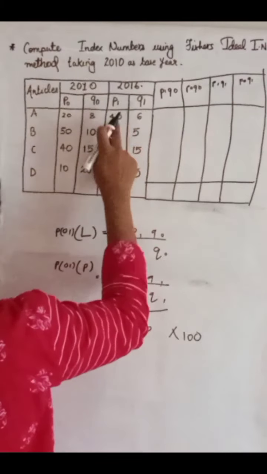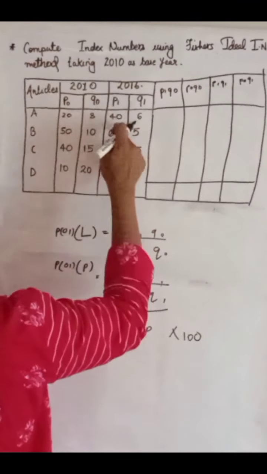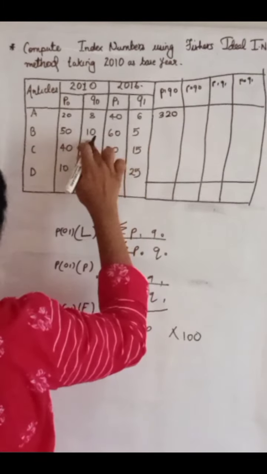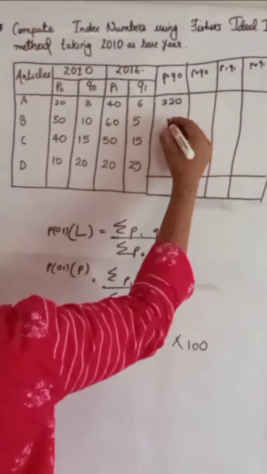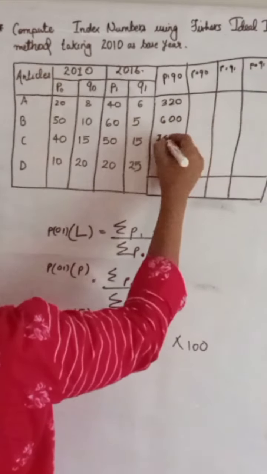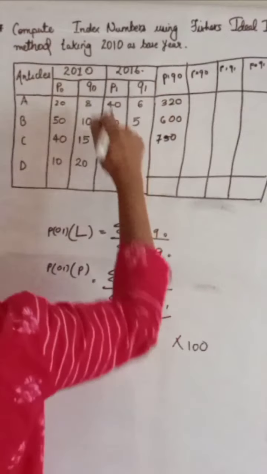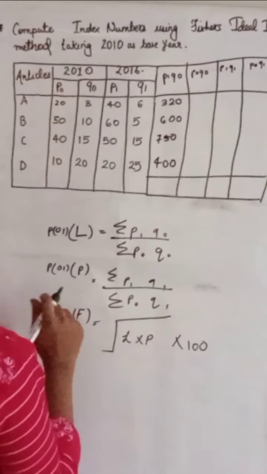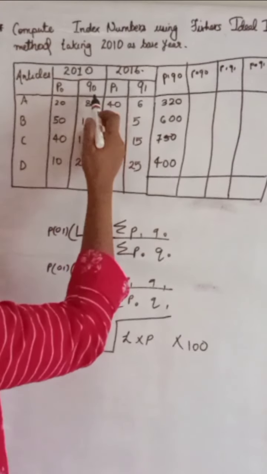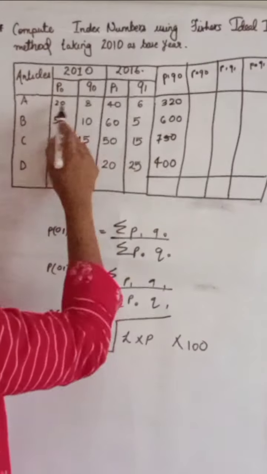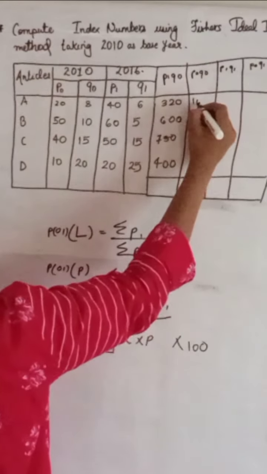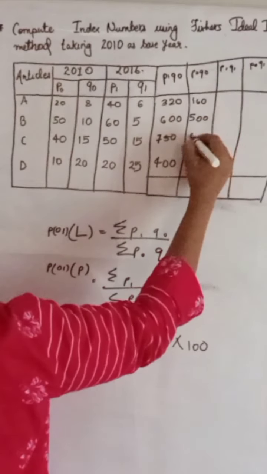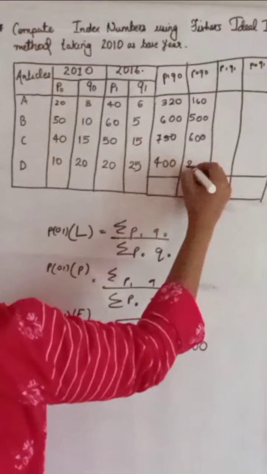What is P1? P1 is 40. 40 into Q0, which is 8, is 320. Similarly here 60 into 10, 600. Then 750. We are calculating P1 into Q0, and 400. Next is P0 into Q0. This is Q0 and P0. Let us multiply these terms. 20 into 8 is 160. 50 into 10 is 500. Let us calculate the rest of them, and 200.